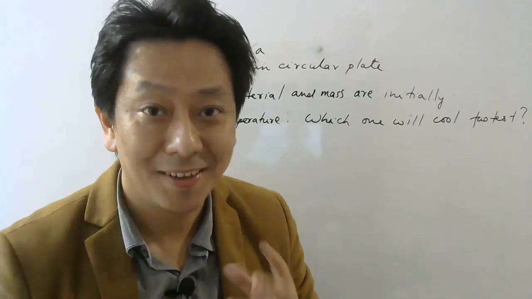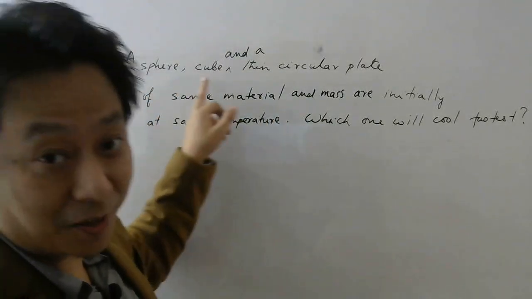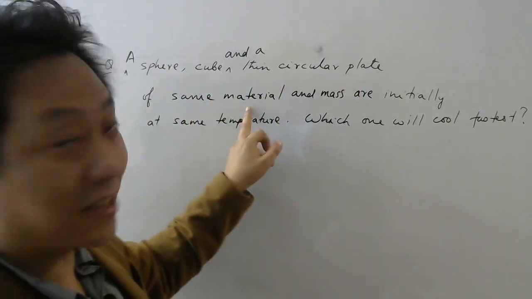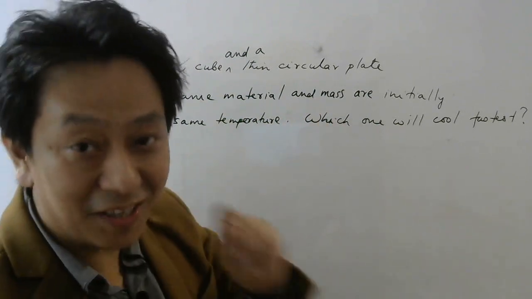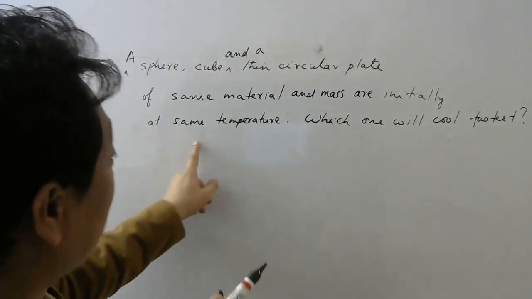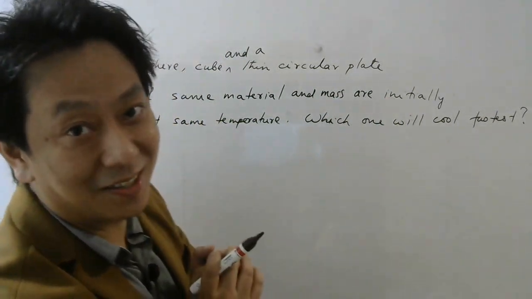Right? Let's see a very interesting question. It says a sphere, a cube, and a thin circular plate of same material and mass. So material and mass are same, are initially at same temperature also. Which one will cool fastest?